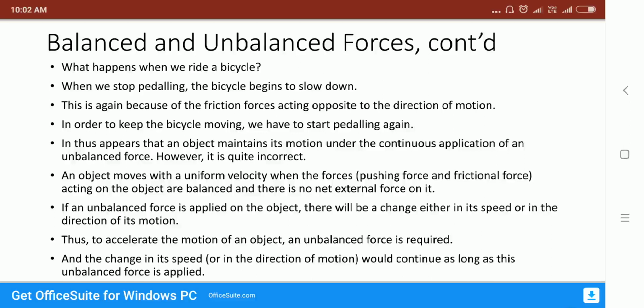So by applying the unbalanced force, its speed and direction we can change, and it will continue until the unbalanced force is applied.